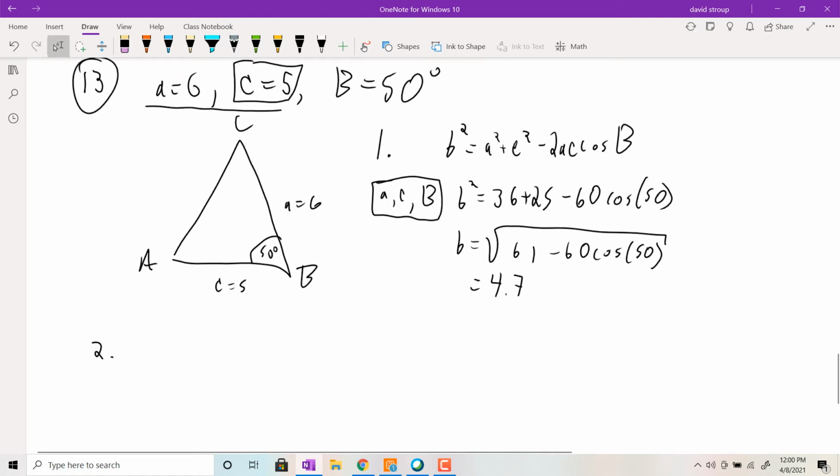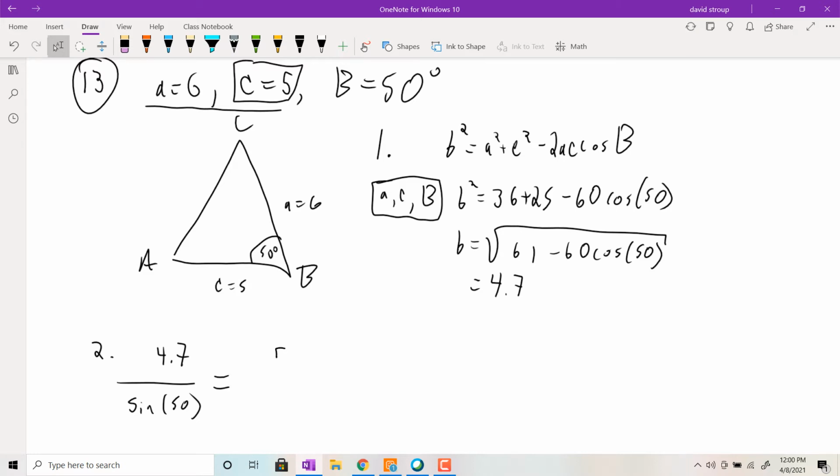So step 2, we use the law of sines. So I'm going to go with the 4.7 and 50, that's the only thing I can do at this point because I don't have the other angles. So 4.7 all over the sine of 50, and then on the right, I have 5 all over sine of big C. Okay.